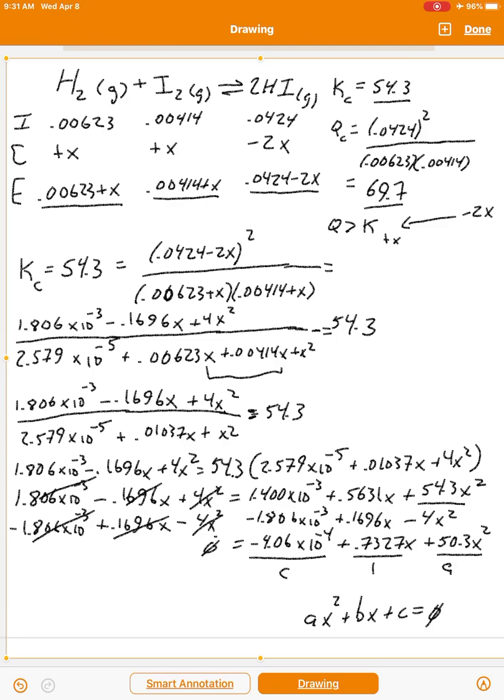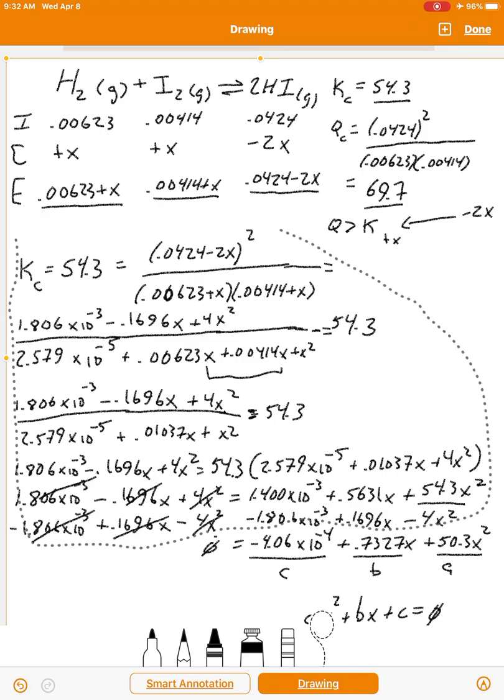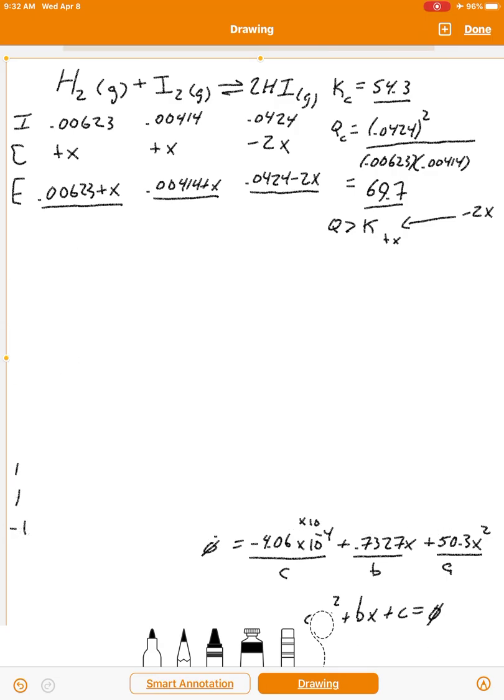So this is c, this is b, and then the 50.3 is the a, not the x squared, it's ax squared. So we have our coefficients. Now we can use the quadratic formula to solve for x. I'm going to go ahead and erase all of this hard work because we need the space, right?